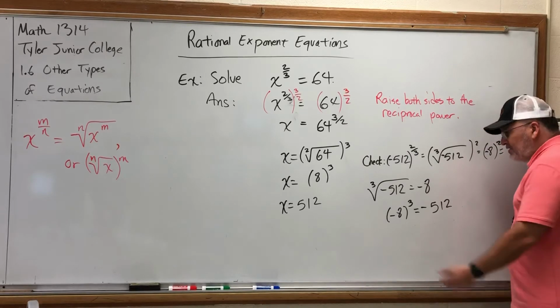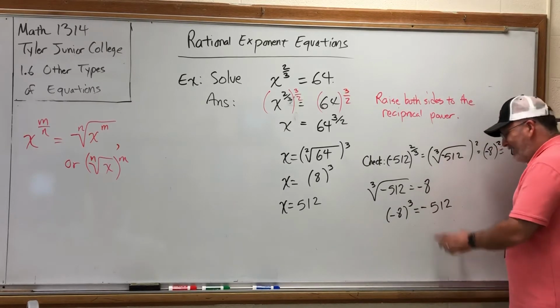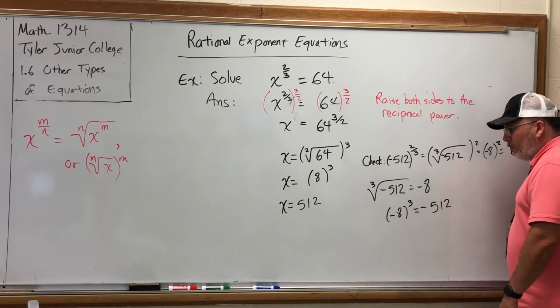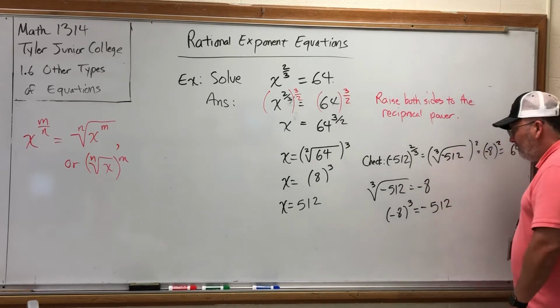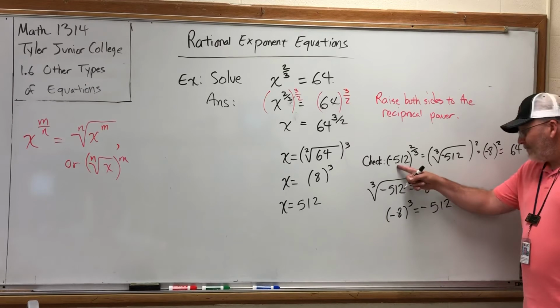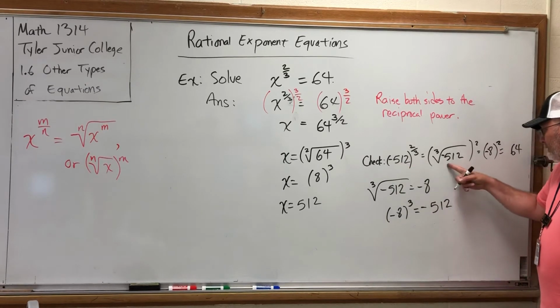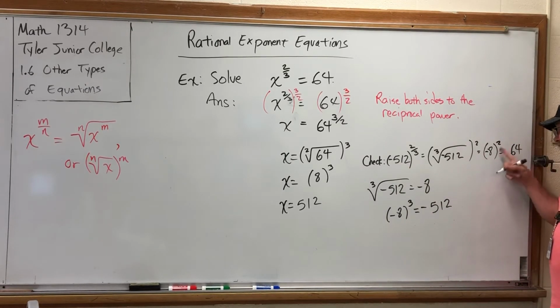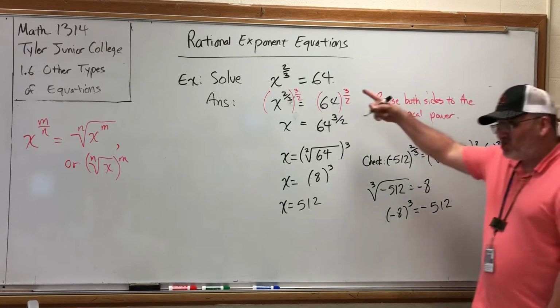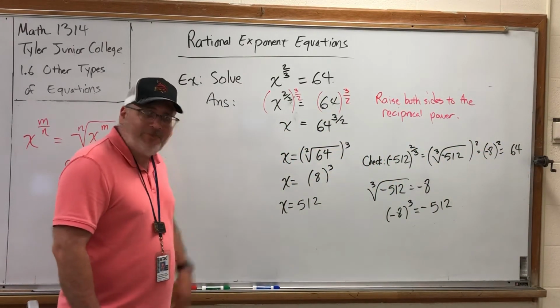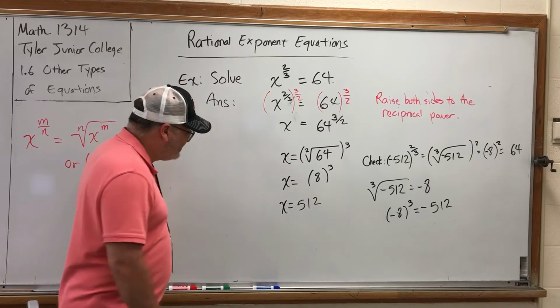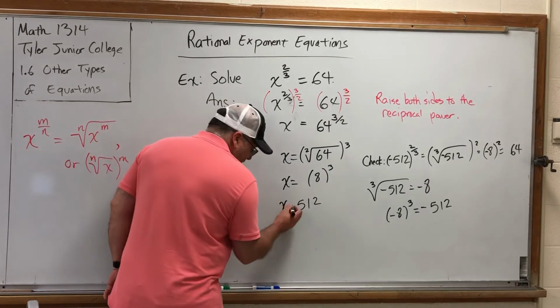So yes, negative 8 to the third power is negative 512. Which means the cube root of negative 512 is negative 8. Which means that negative 512, which would give us a negative 8 here, which squares into 64, is a solution to this. So it's like we picked up a plus minus. But where'd that come from? Why did this guy pick up a plus minus?